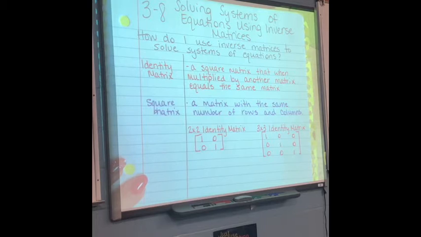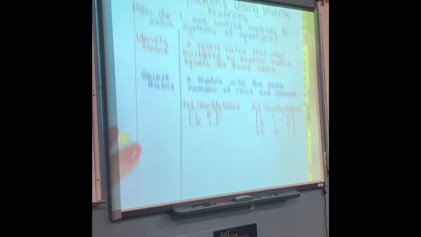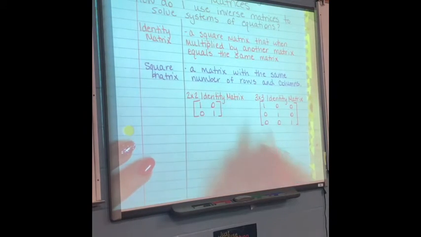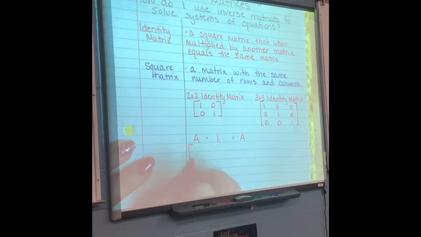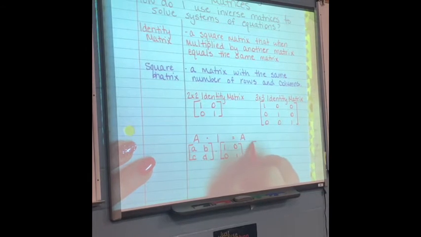So if we multiply a matrix times the identity matrix, we should get itself, right? So if I have A, B, C, D, and I multiply that by 1, 0, 0, 1, I should result in A, B, C, D.